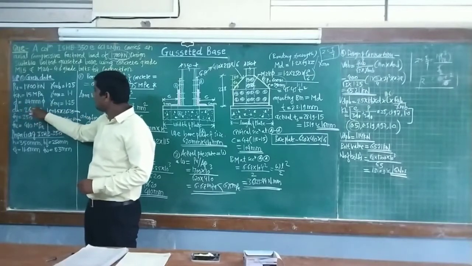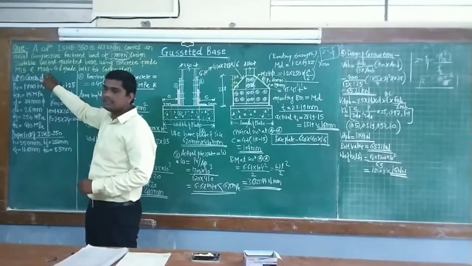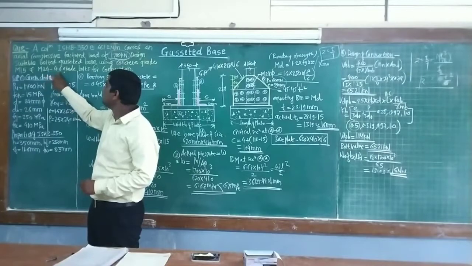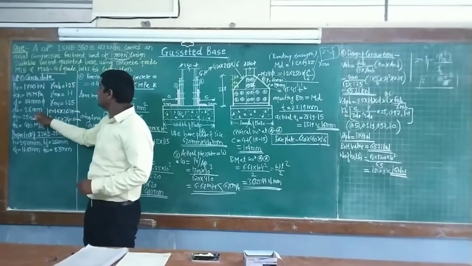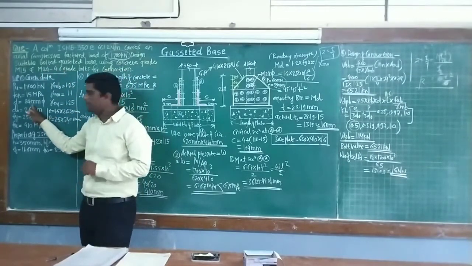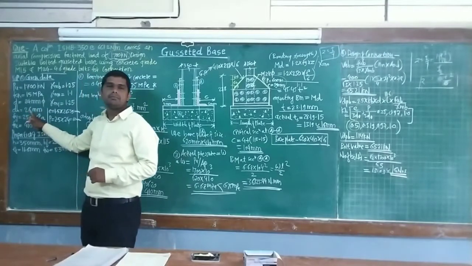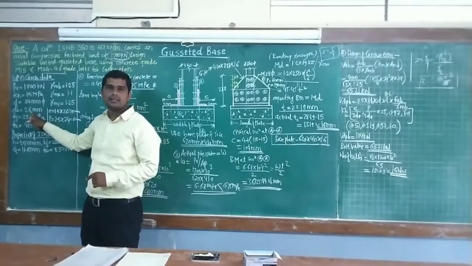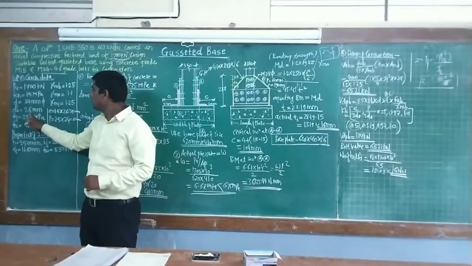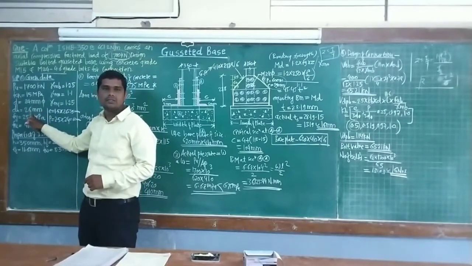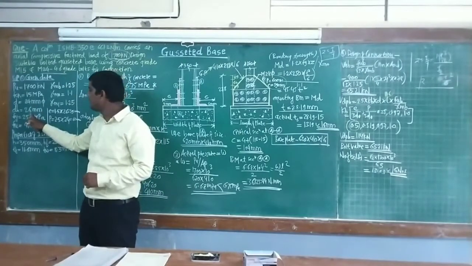The diameter of the bolt, here we are going to use M24 4.6, so diameter of the bolt is 24 mm. Here 2 mm clearance we are going to add to the diameter of the bolt, so diameter of the hole D0 is equal to 26 mm.